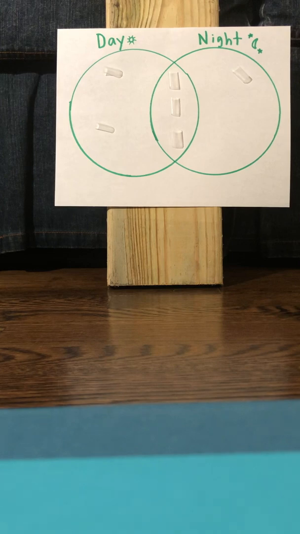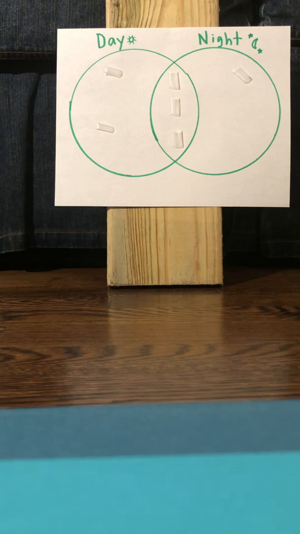We are going to think of some day and night activities that we do. So if you tuned in on Monday, you saw Mrs. Gardner making a chart with you guys, and you were thinking of some different things that happen during the day and at night. And something that she mentioned was that during the day, the sun is up in the sky.